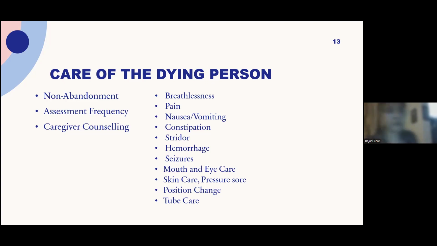Because one of the important questions that come up is they'll keep asking you, so how much longer? And this is one thing that we have not figured out. Just like obstetricians, other than in C-sections, cannot tell you the exact time that a baby is going to be born, there is no palliative medicine doctor also who can exactly predict at what time a patient is going to die.